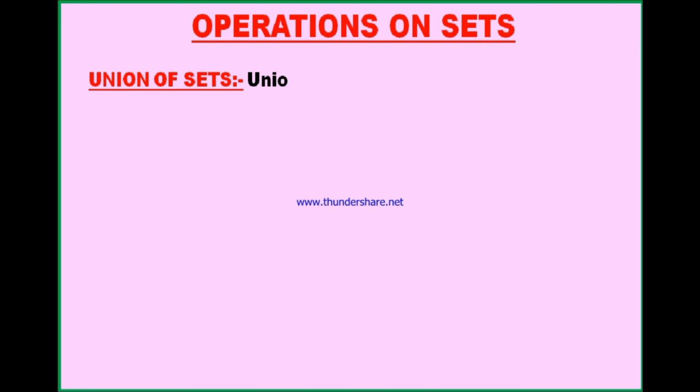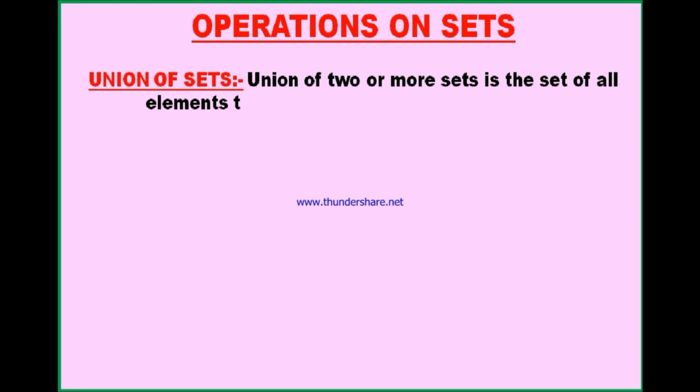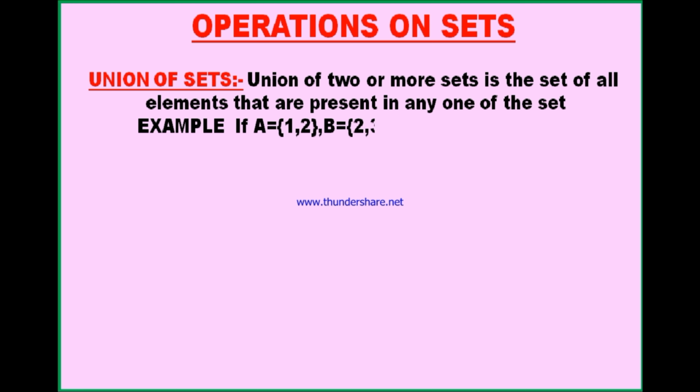The first one is union of sets. Union of two or more sets is the set of all elements that are present in any one of these sets. For example, if you consider the set A as the set 1, 2 and B is equal to the set 2, 3, 4, then A union B is equal to the set 1, 2, 3, 4.